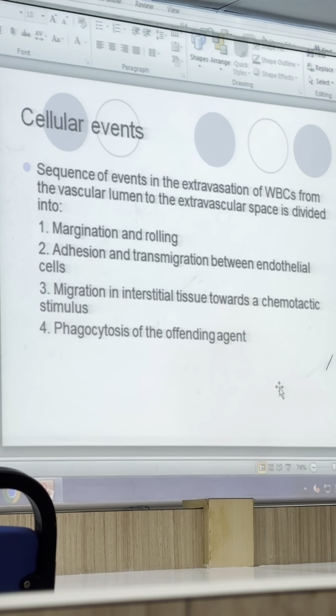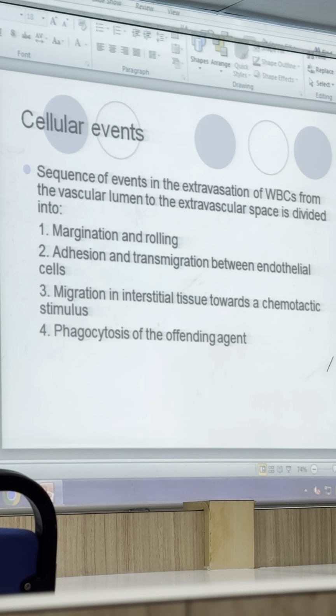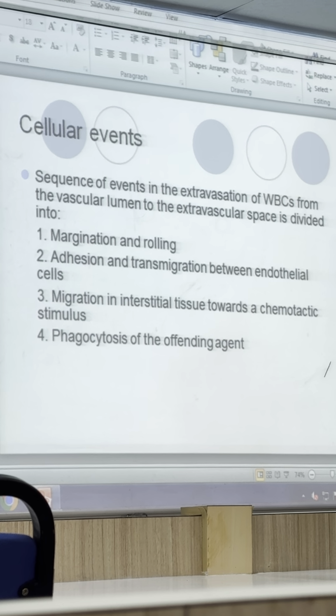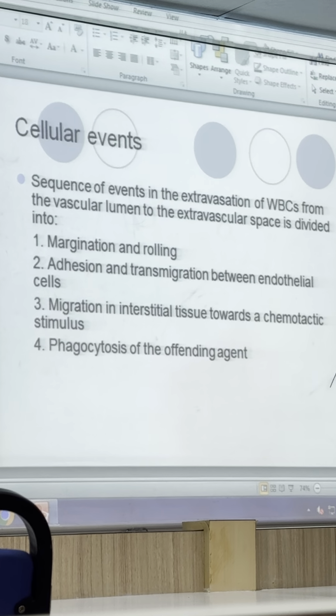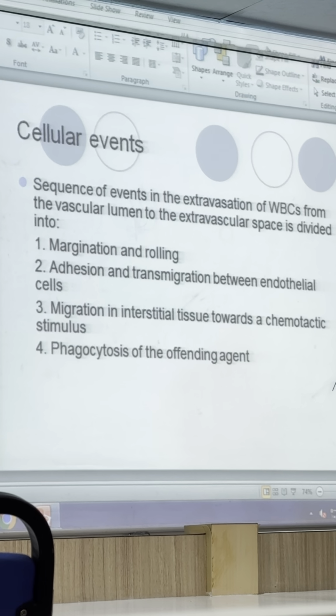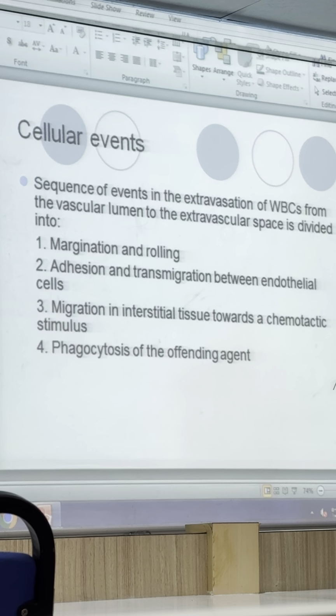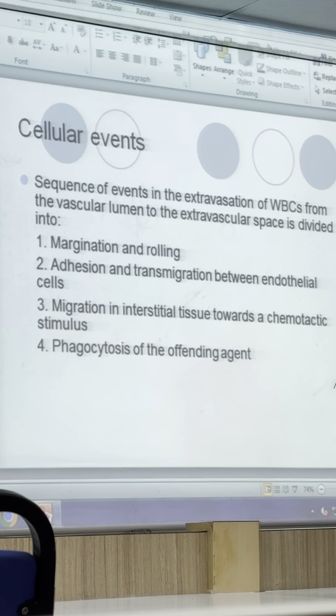You should be able to tell all those steps and write one line about each, not in detail, because your questions will mainly be 5 marks questions. So that covers your acute inflammation.